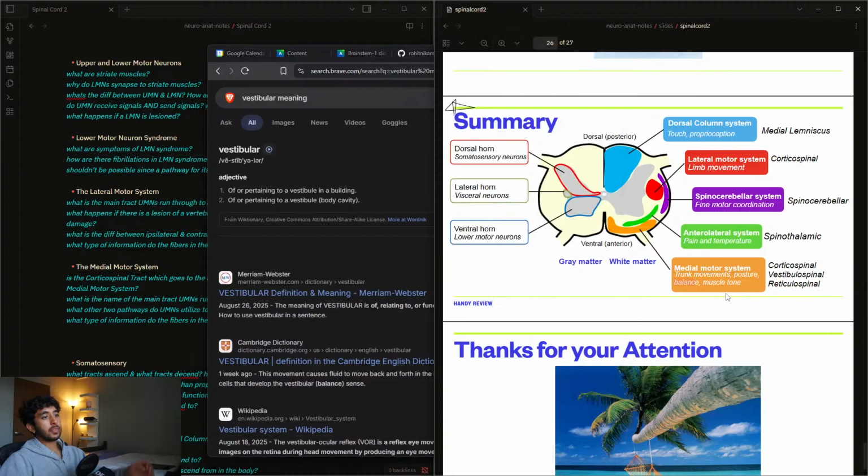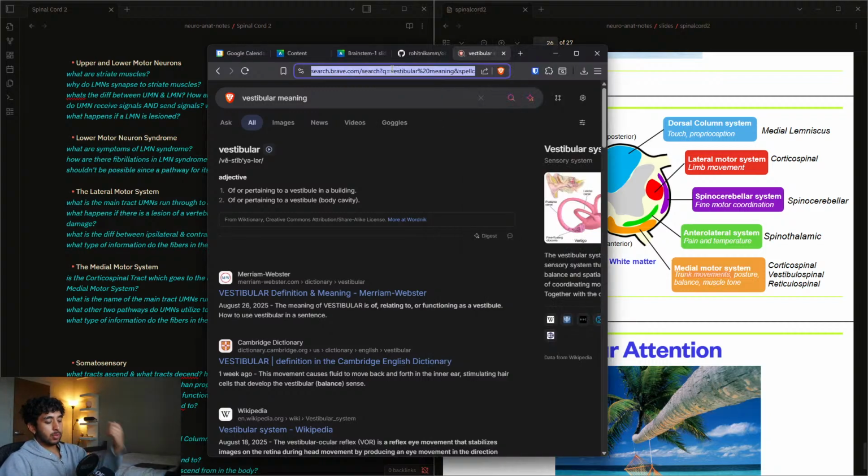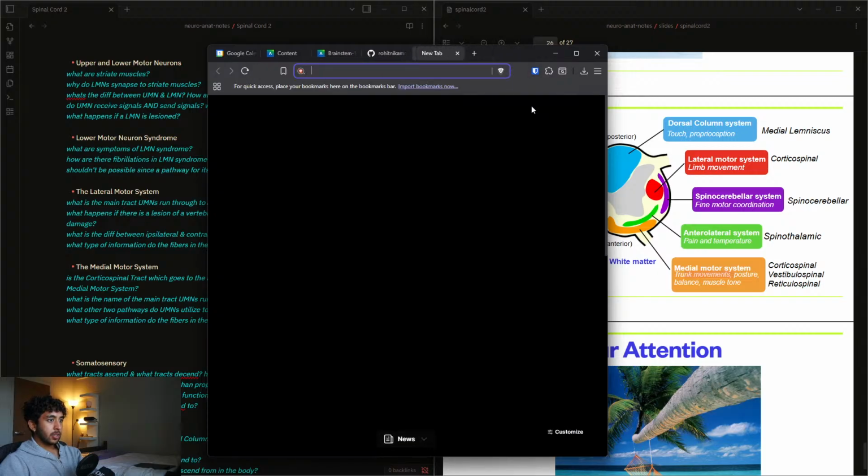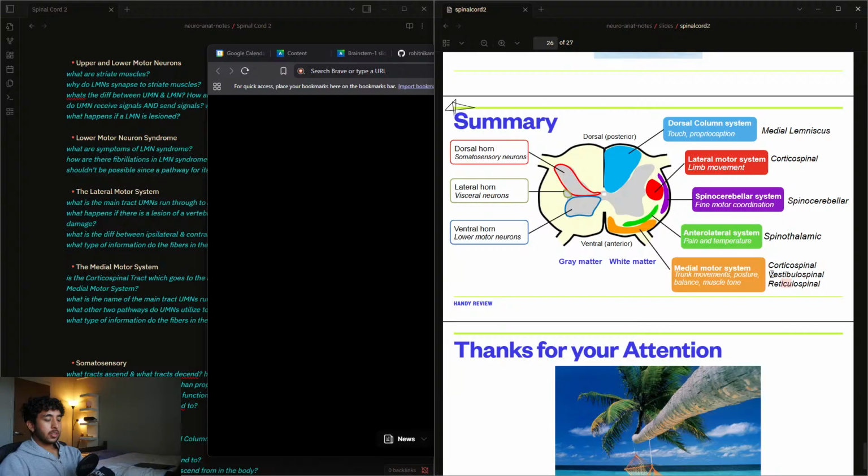Okay, that makes sense. So it goes to the vestibulospinal because of balance, corticospinal because of movement, and reticulospinal is, I'm assuming, muscle tone. Is that a contraction of the muscles, right? Yeah. So muscle tone. Vestibulospinal is balance. Reticulospinal is muscle tone. So the medial motor system goes through corticospinal, vestibulospinal, and reticulospinal.